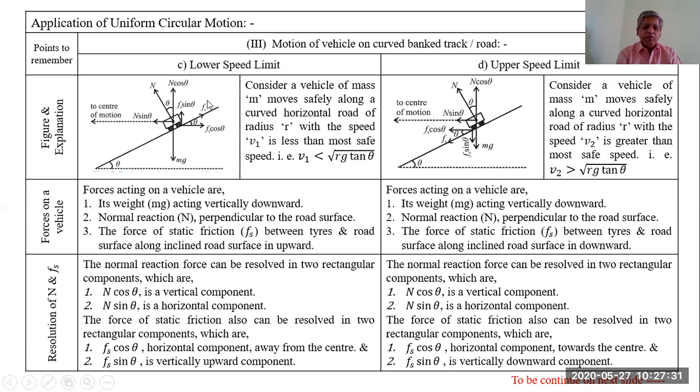This force of friction arises due to the motion of the vehicle sliding down when the speed is smaller than the most safe speed. In that case, the total forces acting on the vehicle are its weight acting vertically downward, normal reaction force, and force of static friction between the road surface and tires.